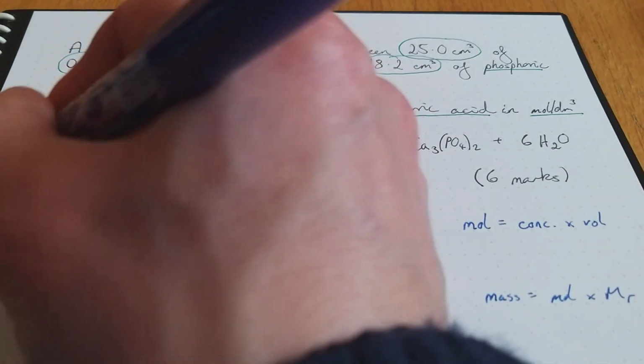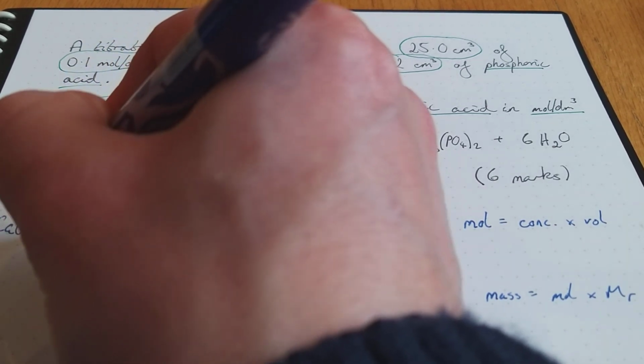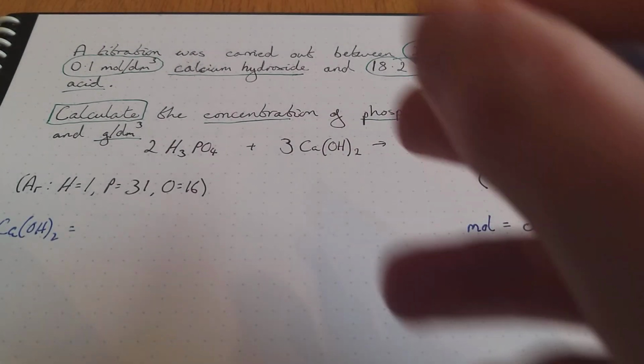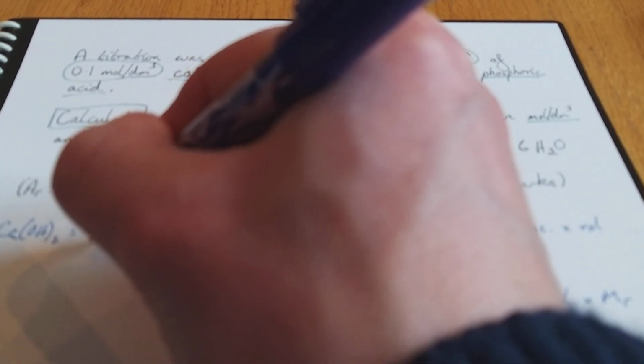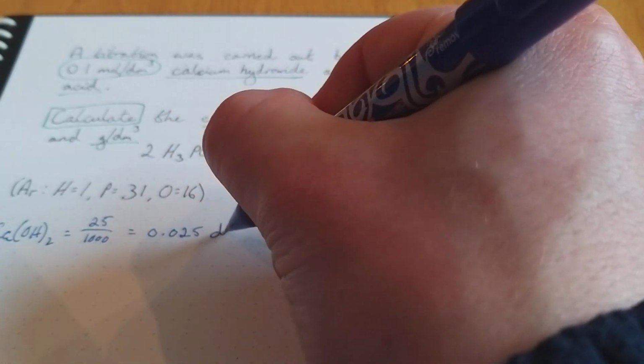Okay, so I'm going to put calcium hydroxide, just put the formula down there. And remember, the conversion of centimeters cubed into decimeters cubed, we need to divide by 1,000. So it'll be 25 divided by 1,000, and that will give us 0.025 decimeters cubed.